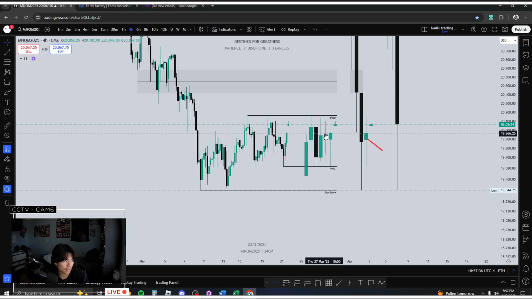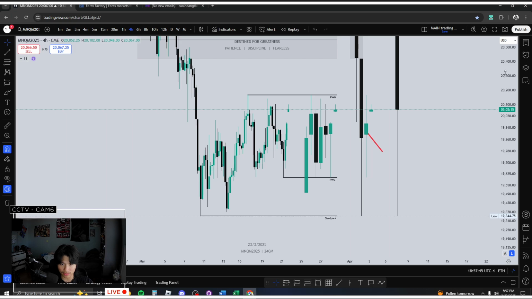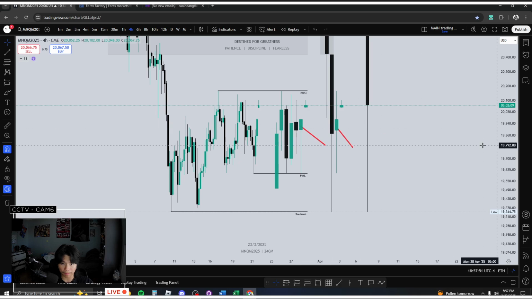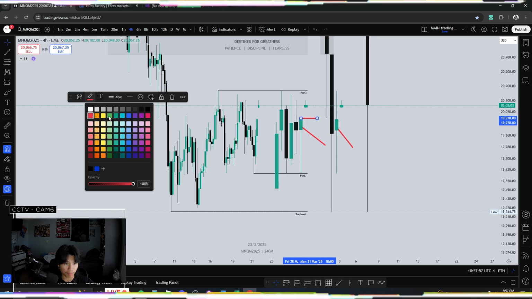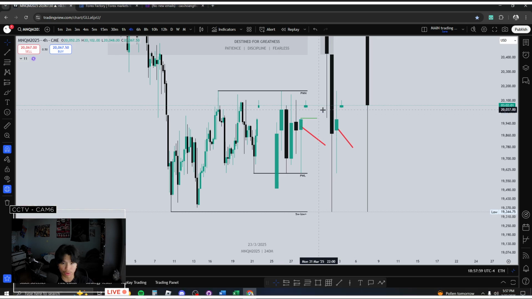For Monday, I was anticipating for prices to take out previous day low, and it turns out that we ended up taking out previous day high. This is Friday's candle, and it's easy for me to assume that Friday's high of day would be the draw of liquidity here.